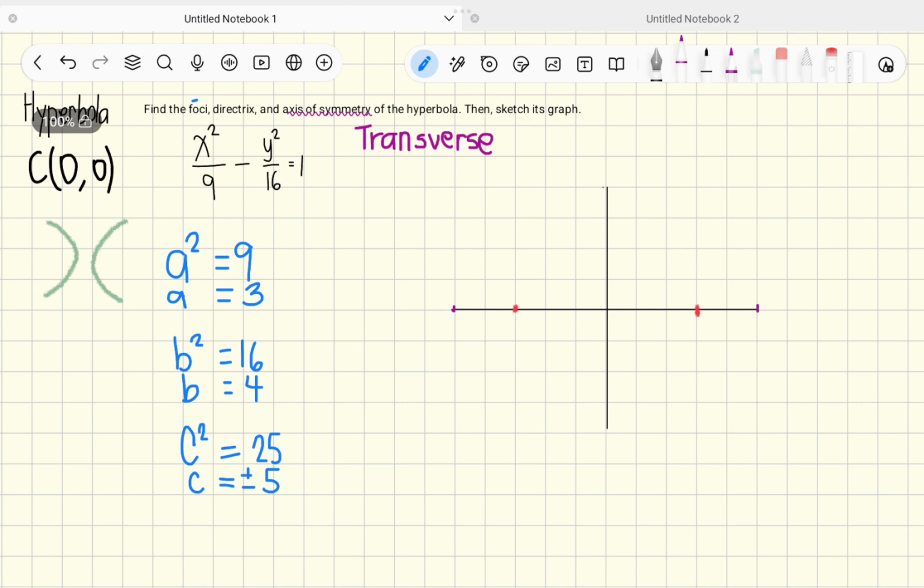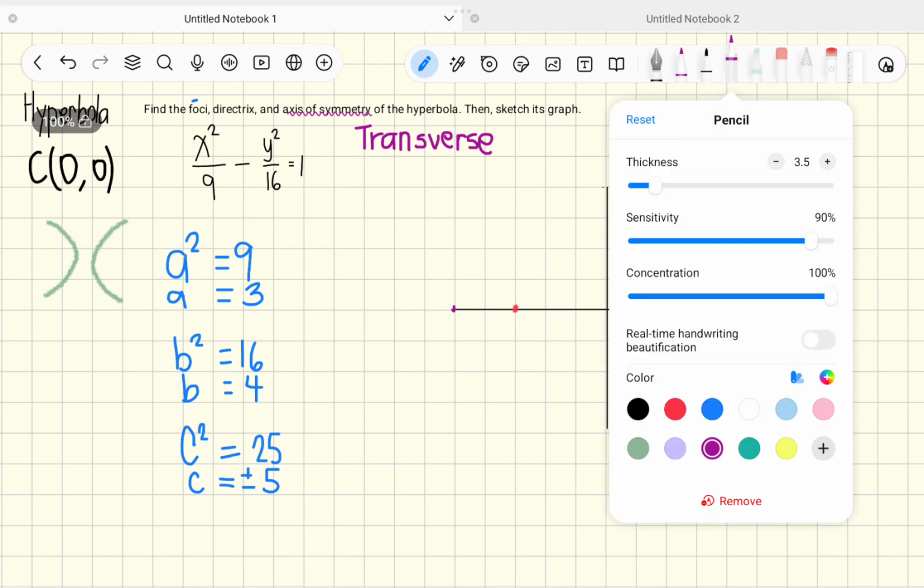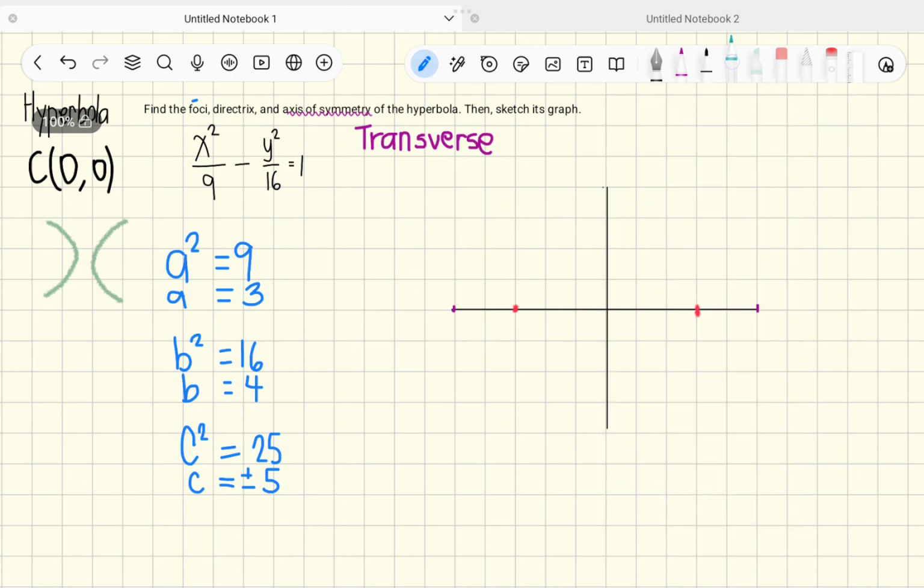So let's try to sketch your hyperbola. This is the vertex, and also here.